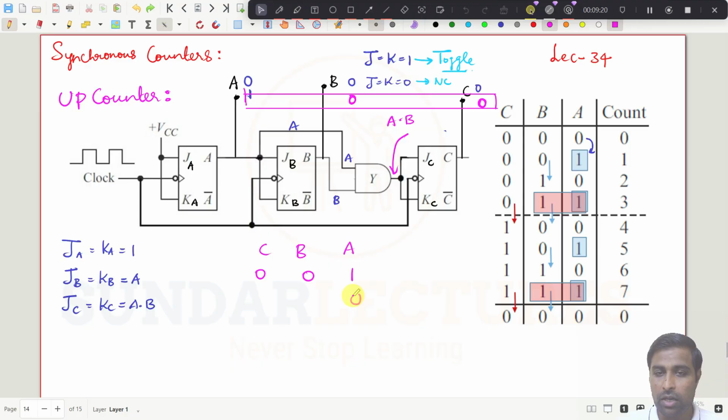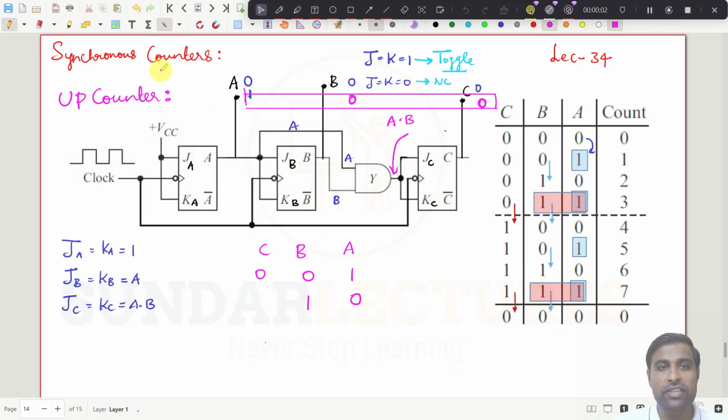It is going to become 0. Already A is 1 here, so the input to B is 1. If I give a clock pulse, since both are 1, it is going to toggle. It is 0 already, so it will change to 1.